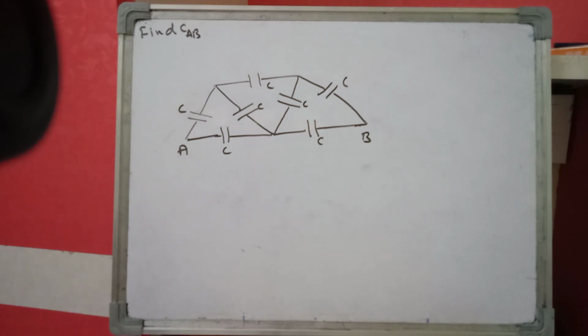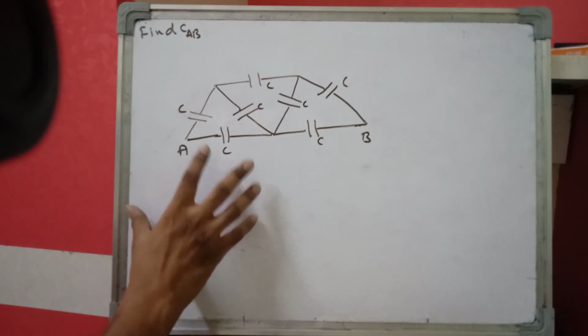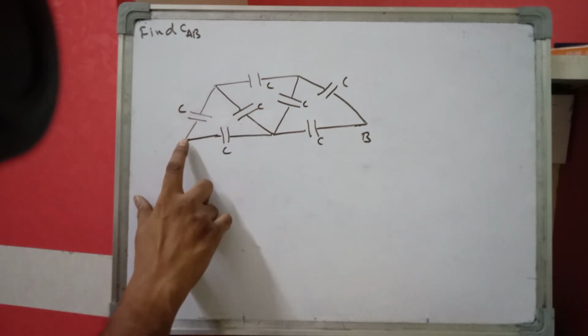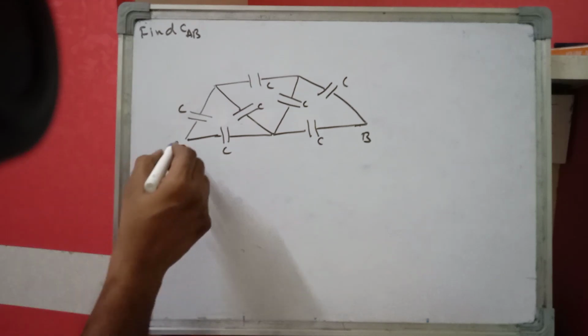Find C effective between A and B, you are asked to find. So in this case, whenever you connect a battery to this circuit, with A connected to the positive terminal of the battery and B connected to the negative terminal of the battery.